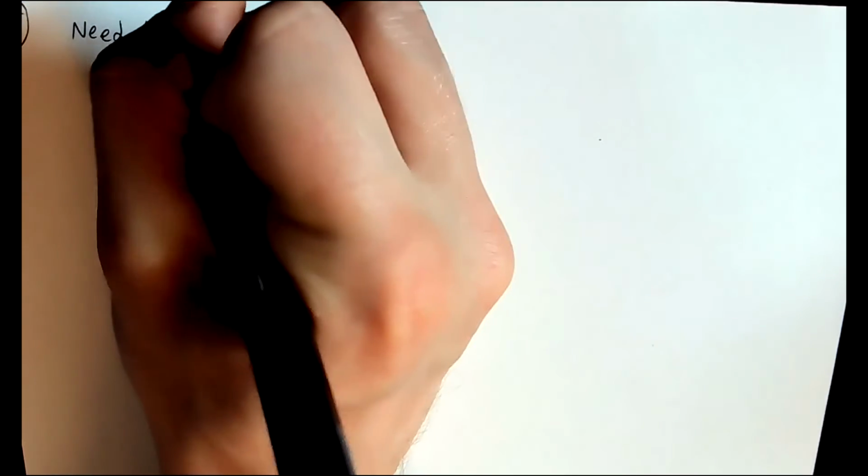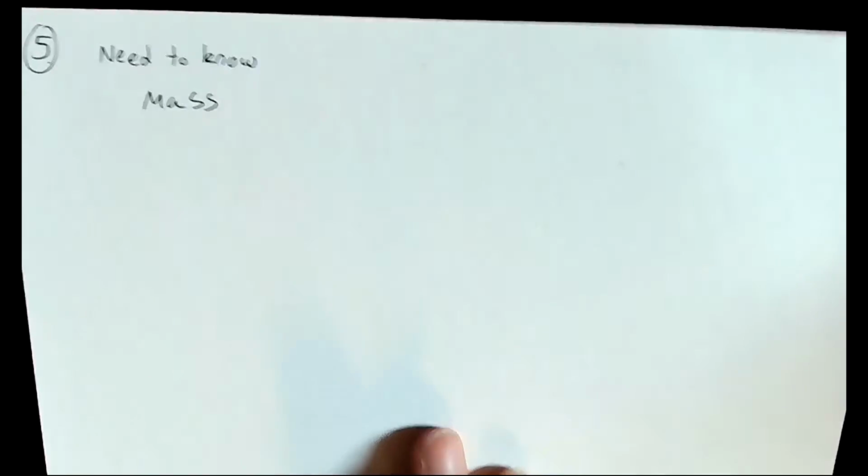What is the mass of a stone moving at a speed of 15 meters per second and having a momentum of 7.5 kilogram meters divided by seconds? Okay. So we need to know the mass.